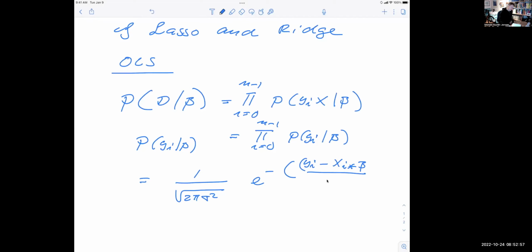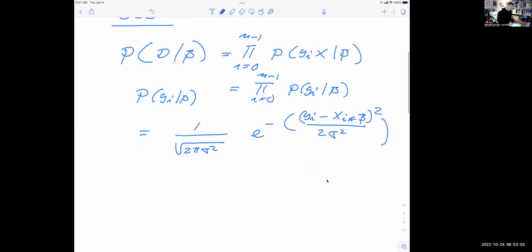This term is squared, and then I have 2 sigma squared. Just to quickly remind you of this notation, x_i times beta is just the specific row multiplied with all the components in the columns of the design matrix with the given vector elements. So this is x_ij multiplied with beta_j. So this is just a kind of shorthand.